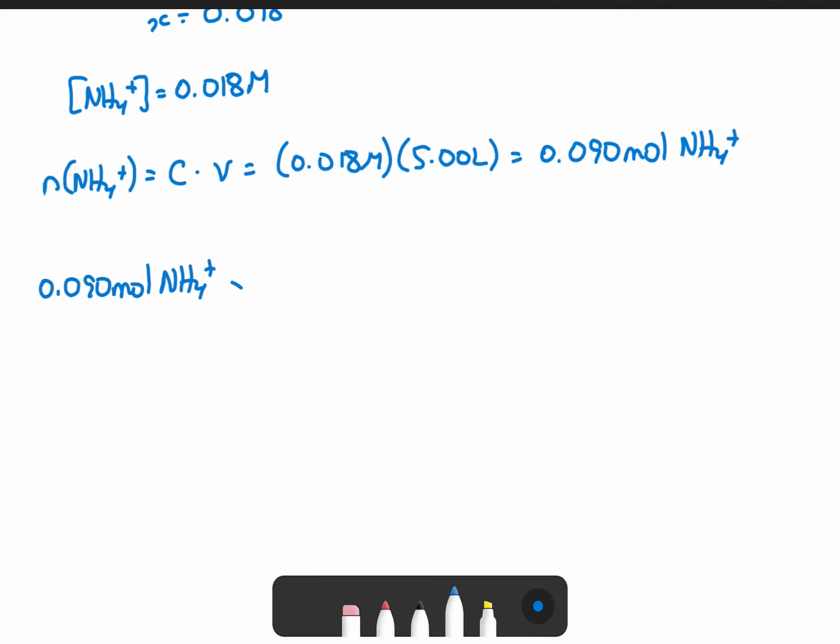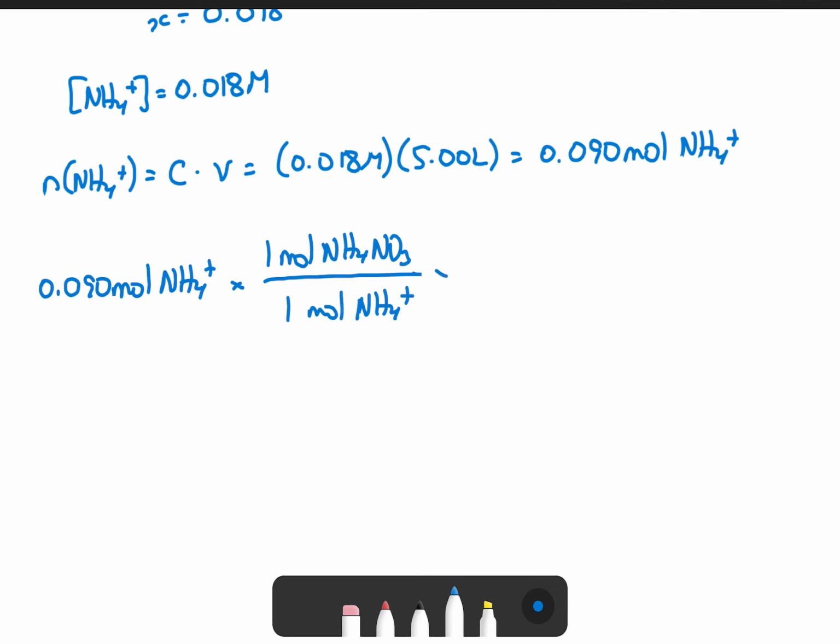And now to find the mass, one mole of NH4+ is equivalent to 1 mole of NH4NO3, and 1 mole of NH4NO3 has a mass of 80.0 grams as its molar mass.